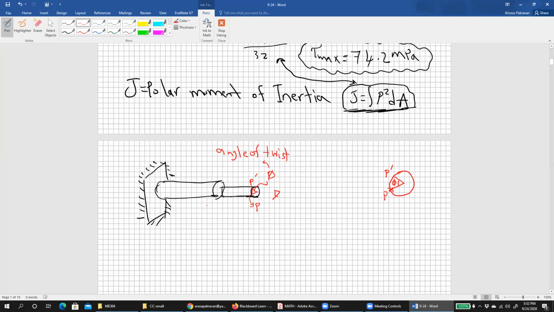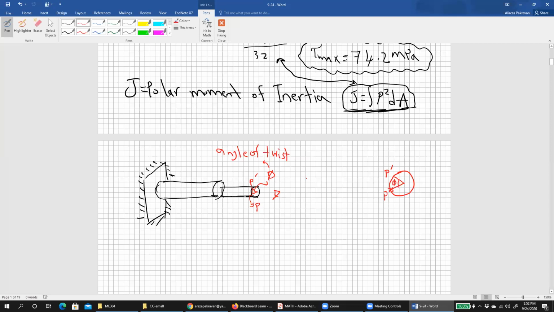The same for the torsion case: for the shaft, we don't have elongation, but we set the allowable angle, for example 2 radians or 1 radian. So these play a role similar to the deformation, right? And now the question is, how can we find this value?